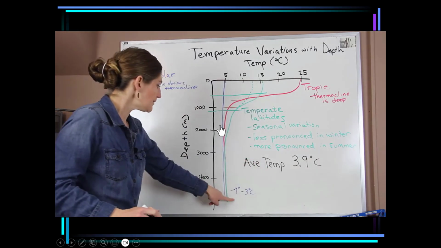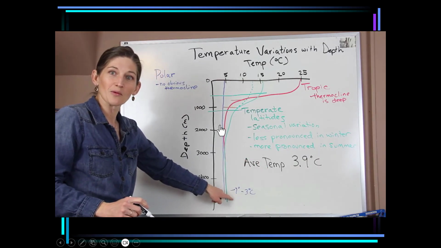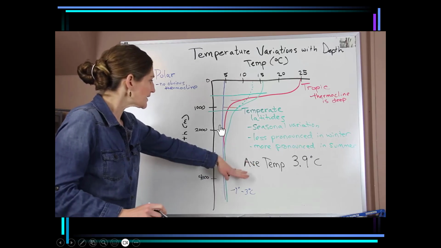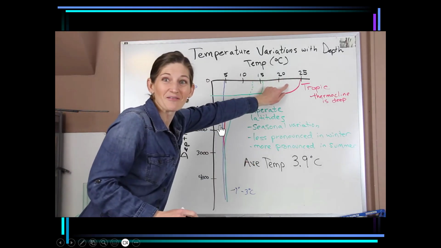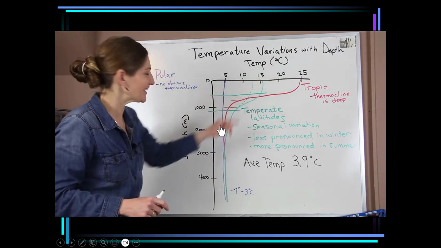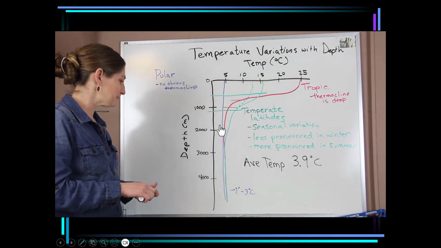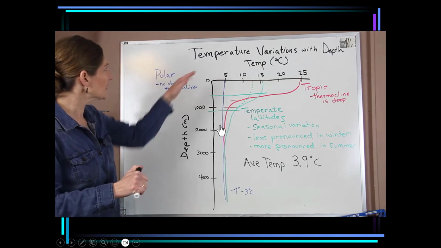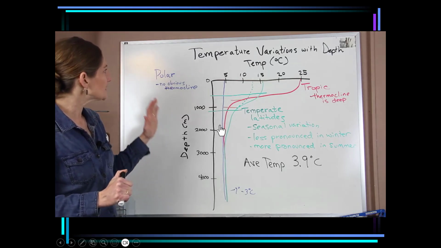This deeper water that's very cold is bringing down the average temperature. It takes away from that really warm surface tropical water, because there's not as much of it as there is in our deeper ocean. All right, so that's a big thing with temperature variations at depth.